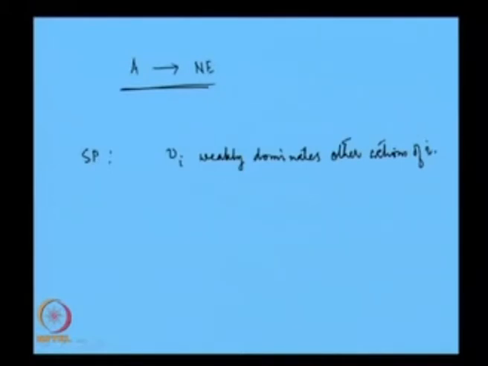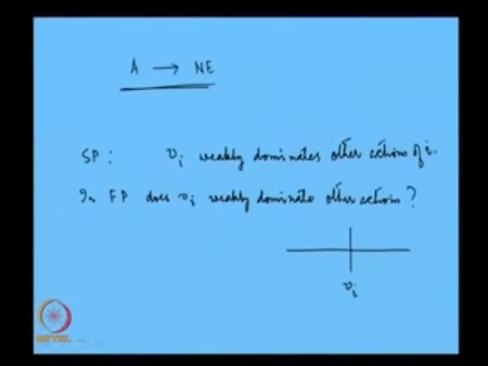So, is it the case in first price auction that Vi weakly dominates other actions? And it turns out that some of the actions are weakly dominated by Vi.